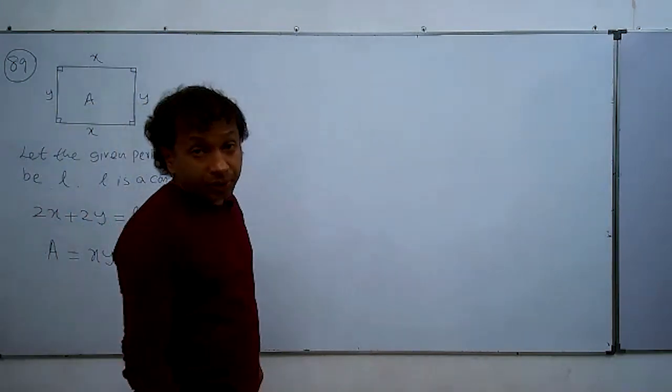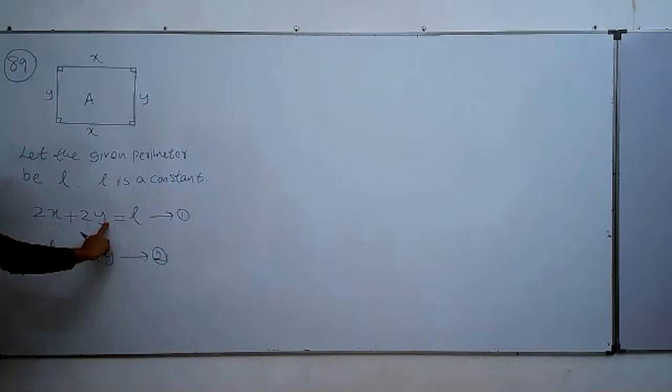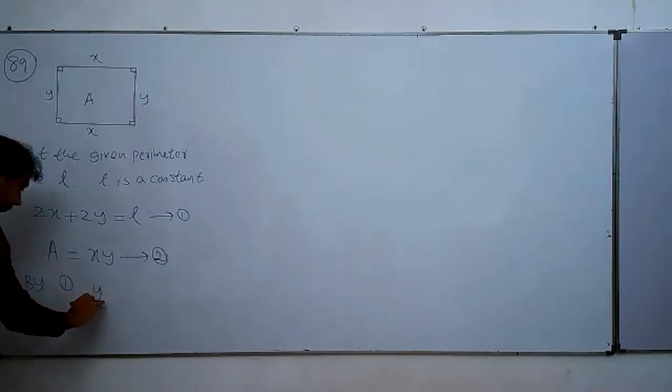Right, so people, I'm going to do the question after this like this. By making y the subject of number 1, in terms of x, we get an answer for y that I am going to substitute here. By number 1, we can make y the subject.